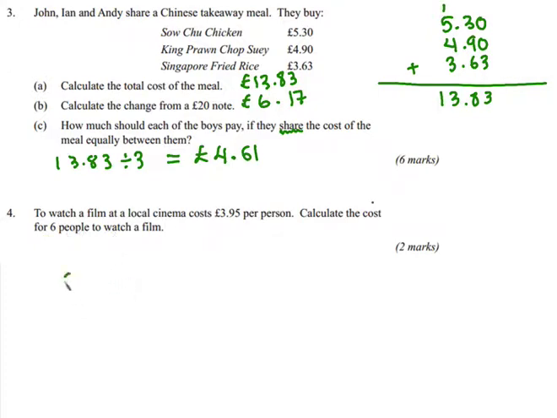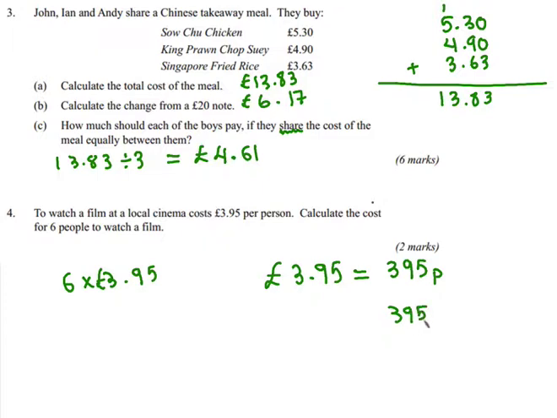So we need to do 6 lots of £3.95. We can do the following: convert the £3.95 to 395 pence. Then we have to do 395 pence times by 3. 3 times 5 is 15, carry the 1. 3 times 9 is 27, add the 1 is 28.